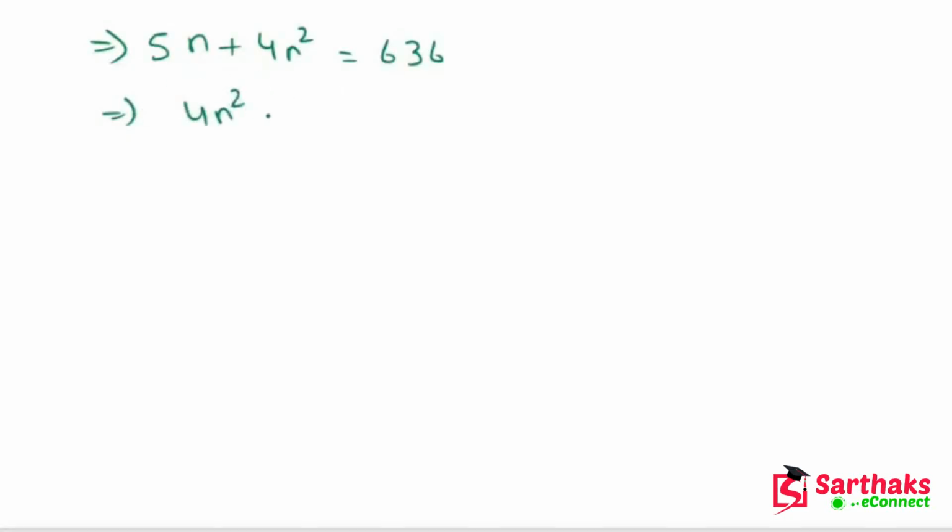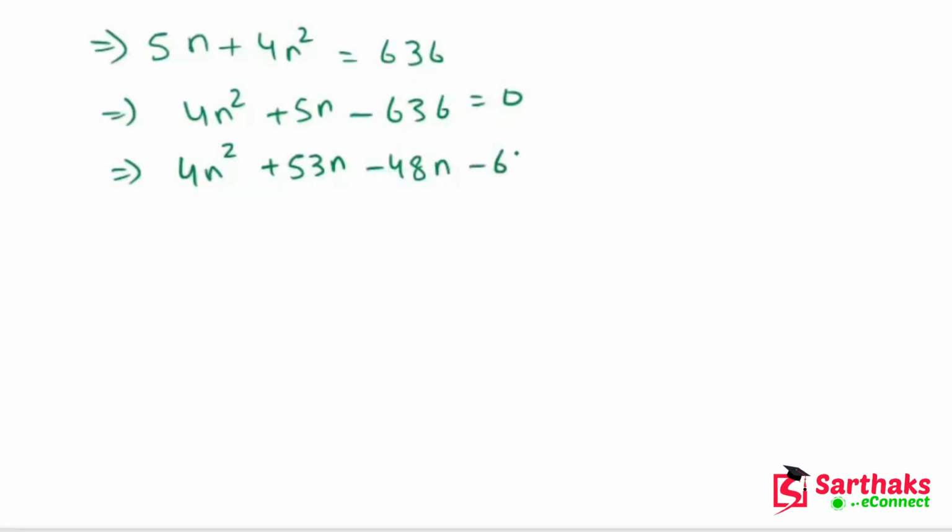4n square plus 5n minus 636 is equal to 0. Now we have to solve this by the factorization method. So 4n square plus 53n minus 48n minus 636, which is equal to 0. So this is our factorization method. In the previous chapter we learned about this method. So how do we solve it?